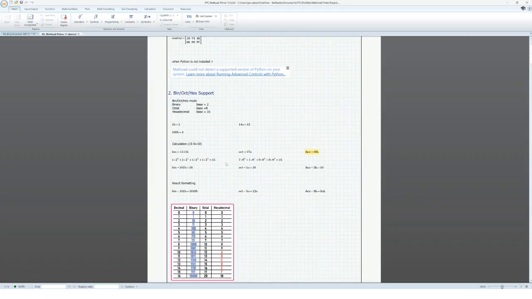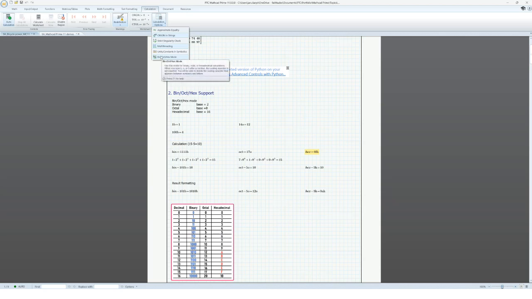So in 11, when we click on calculations, here in calculation options, a new button has been added. And this button activates the binary, octal, or hexadecimal mode. When it's not activated, Mathcad doesn't recognize the input.